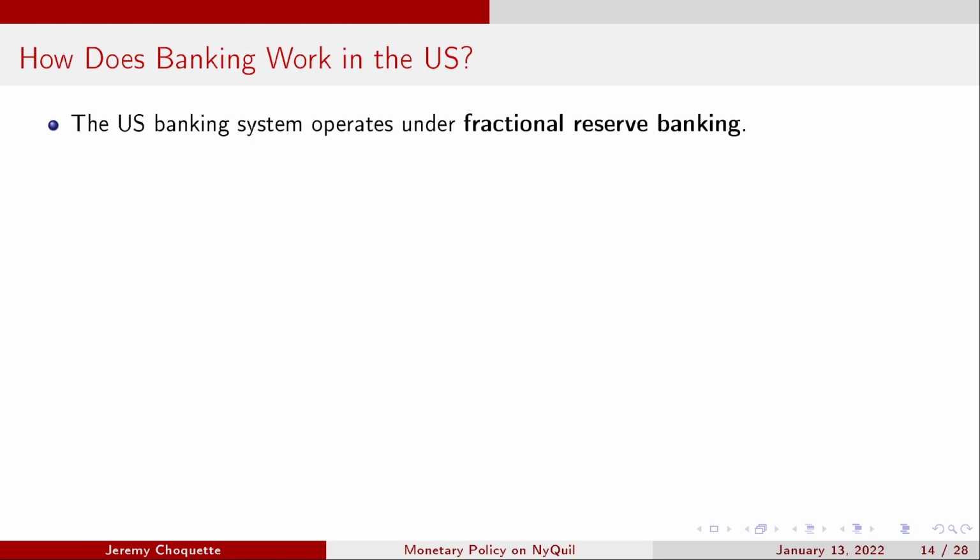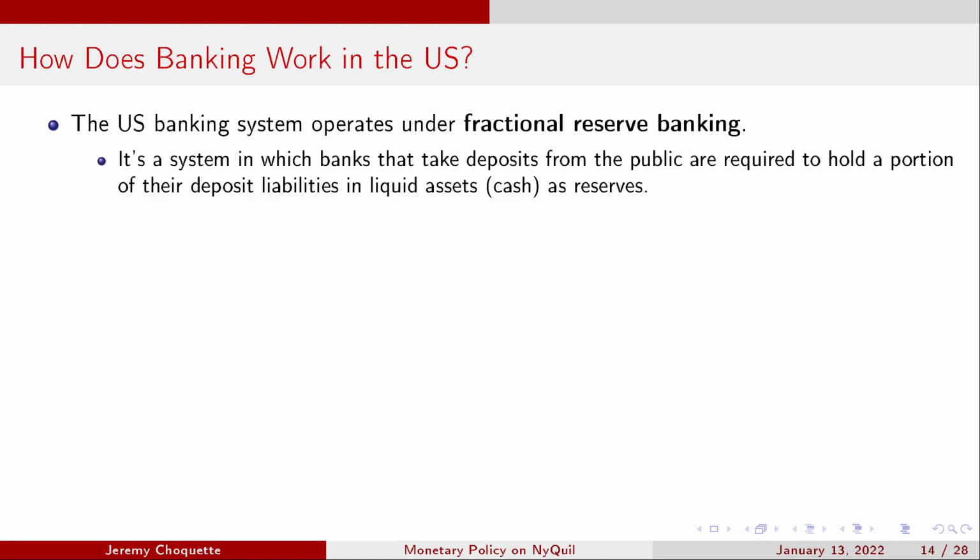So how does banking work in the U.S.? Well, the U.S. banking system operates under what's known as a fractional reserve banking system. It's a system in which banks will take deposits from the public, and they're required to hold a portion of their deposit liabilities in liquid assets, cash, as reserves.